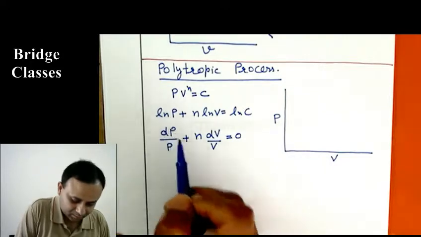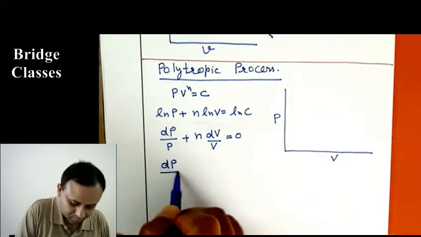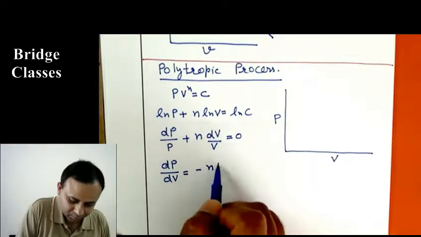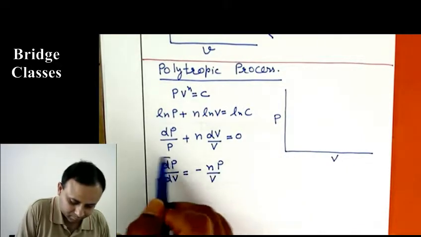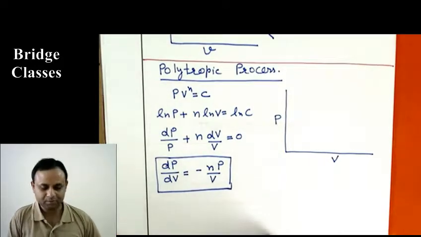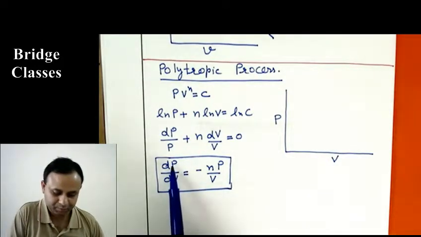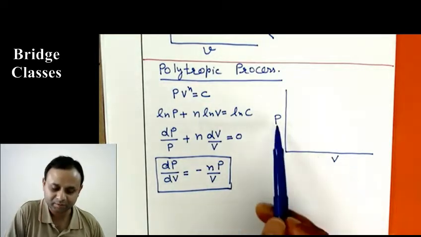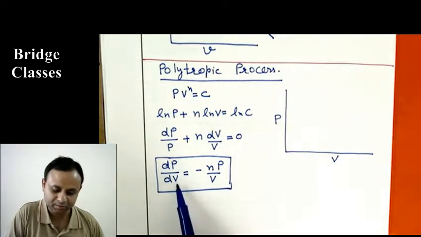And you get dP/dV is negative n P over V. This gives the slope, because dP/dV is the slope on the pressure volume diagram.